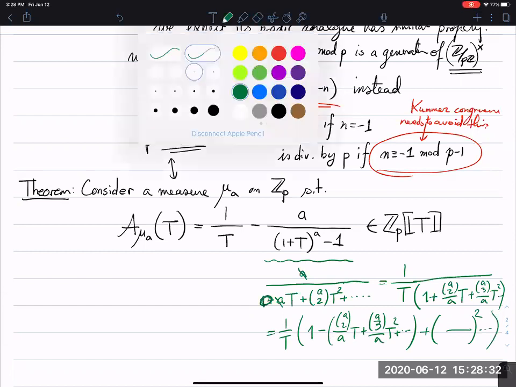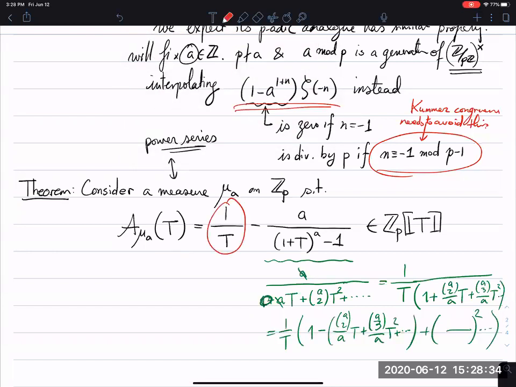Now what you notice is that this 1 over T here exactly kills with 1 over T here. And then you're left with some sort of power series. You can really check, because a is not divisible by p, so this denominator a doesn't matter. So all of these numbers have integer coefficients. Therefore it belongs to the power series ring Z_p[[T]].